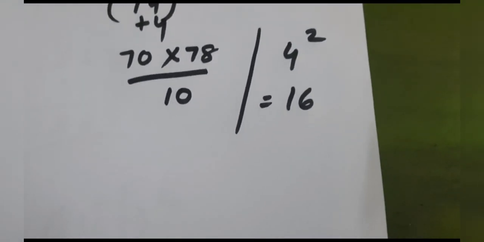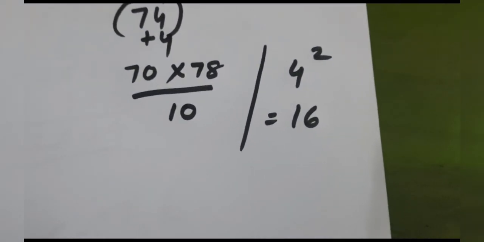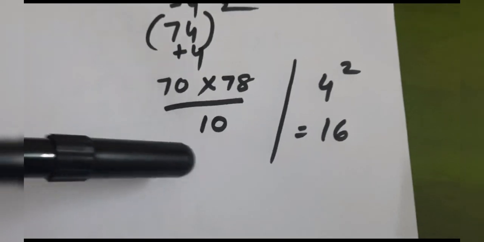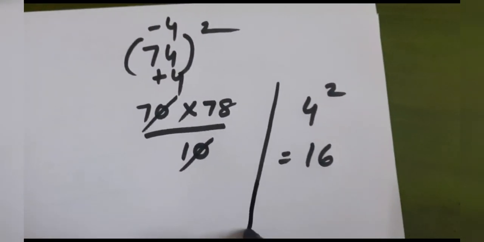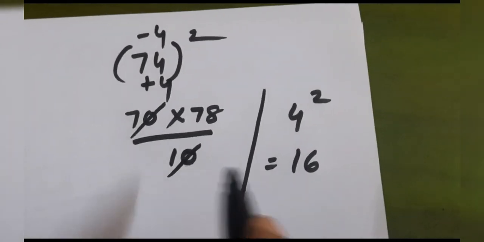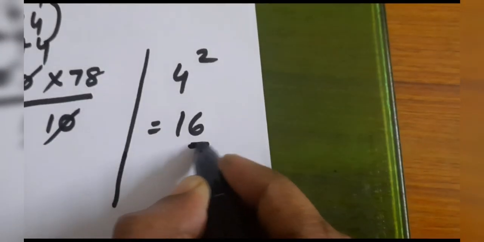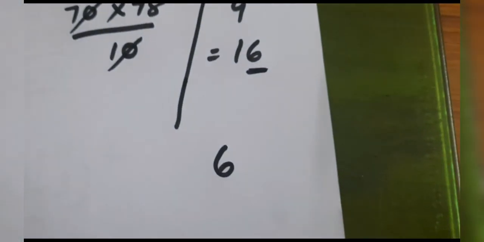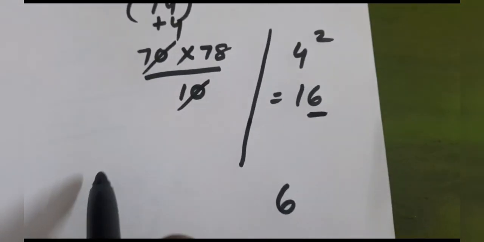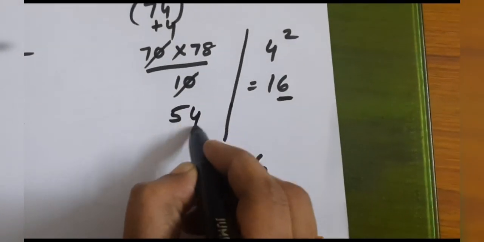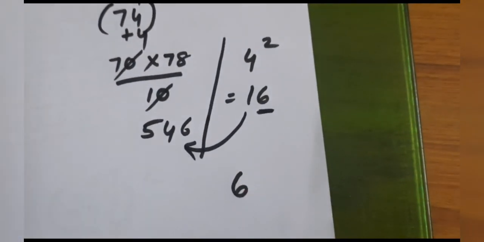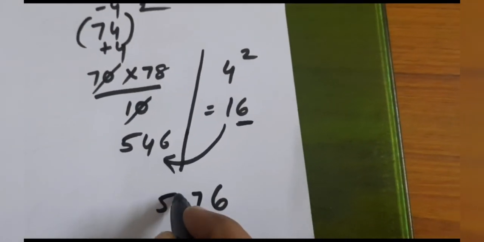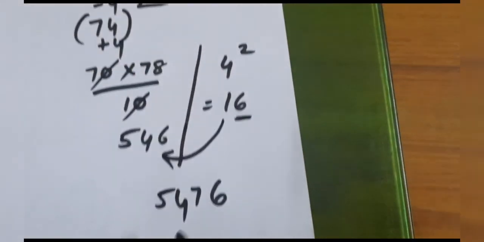If it is a 3-digit number, you have to divide by 100. So now it is 7 into 78. Since we have taken 10, you can write only a single digit. Now 7 into 78 will be 546. The next digit, this 1 will be carried forward. So I can write it as 754. So 74 square is 5476.